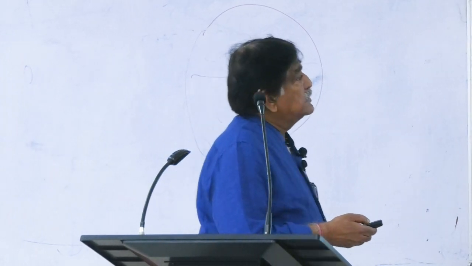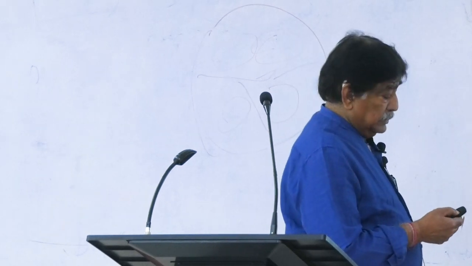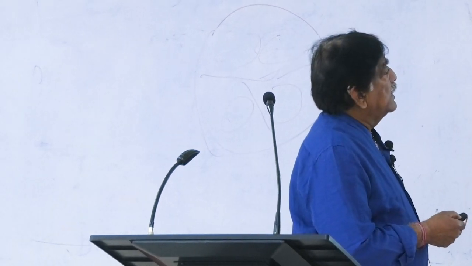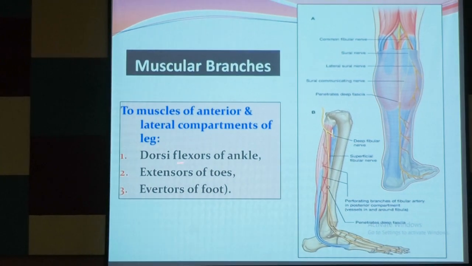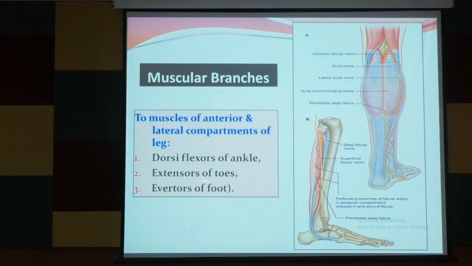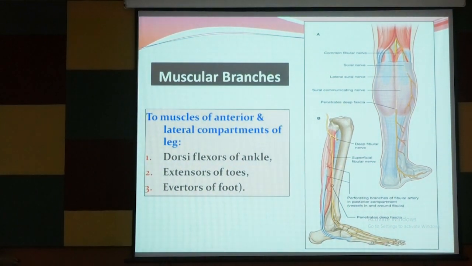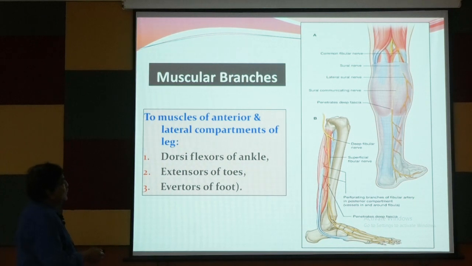Now muscular branches to muscles of the anterior and lateral compartments of the leg: dorsiflexors of the ankle, extensors of the toes, everters of the foot. You can see the nerve here.